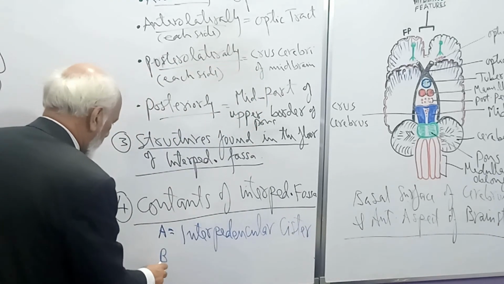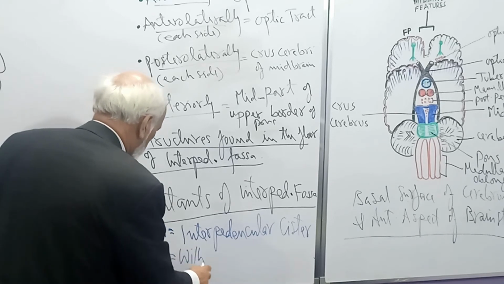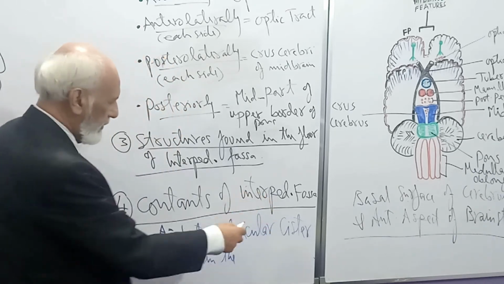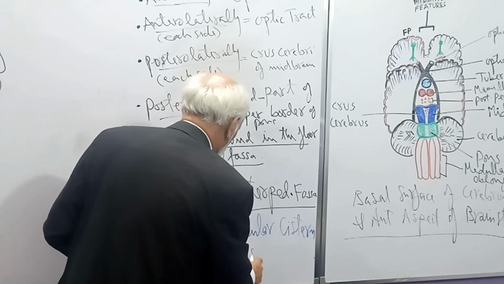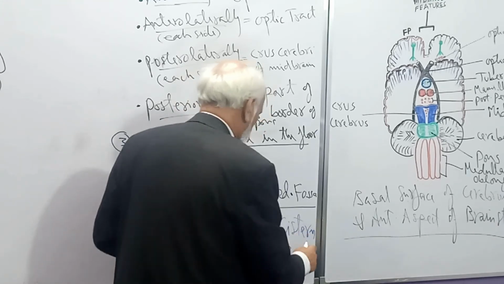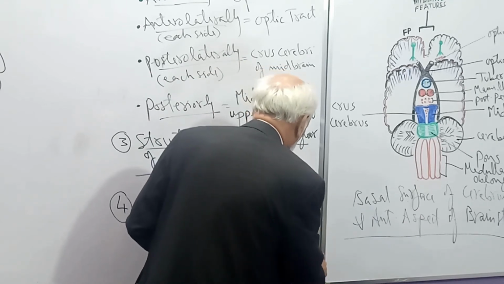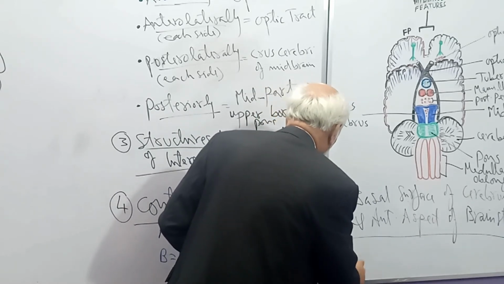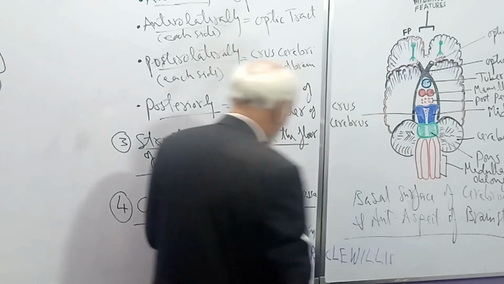And number two, within the interpeduncular cistern is the circle of Willis.